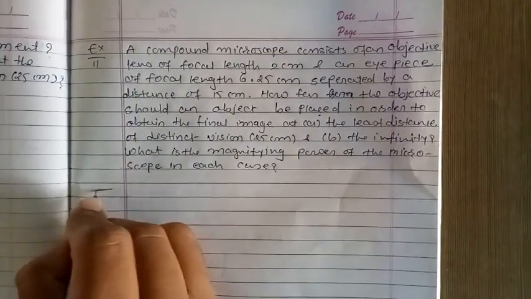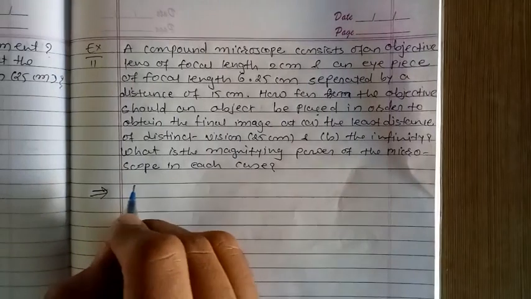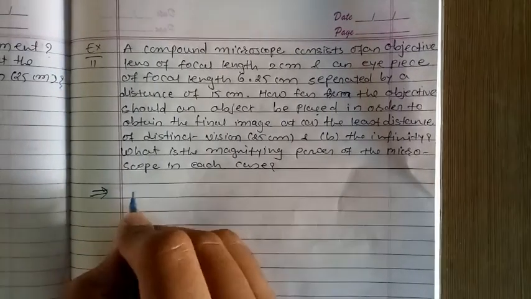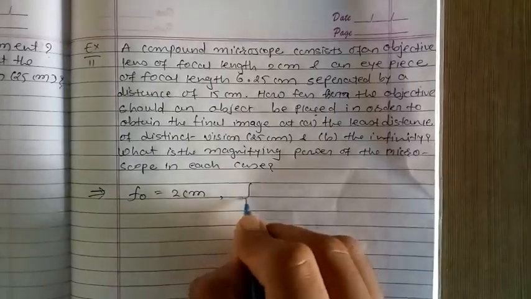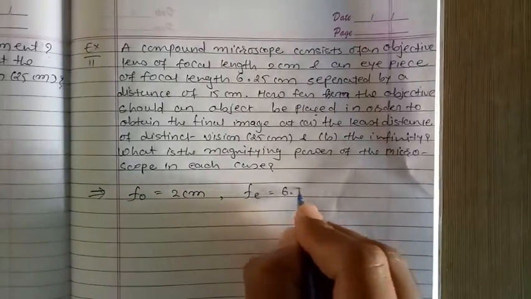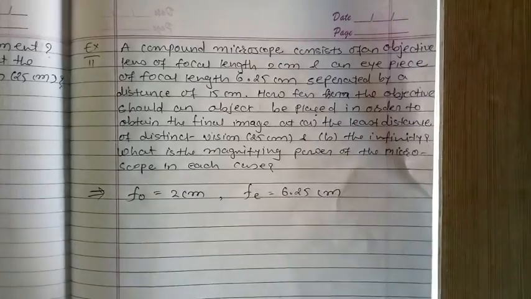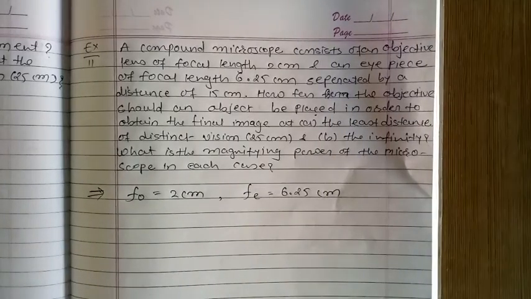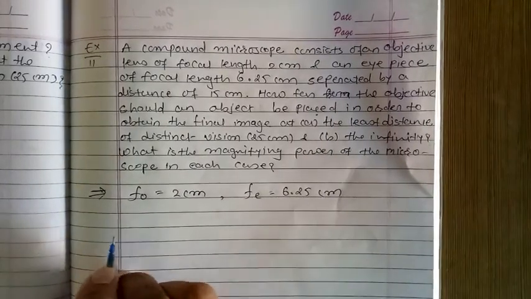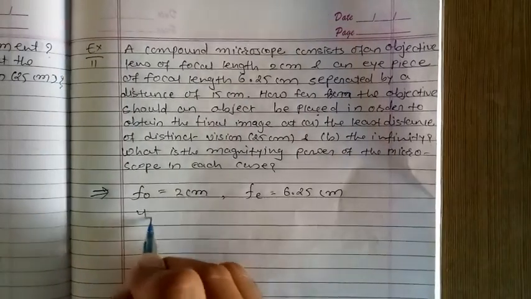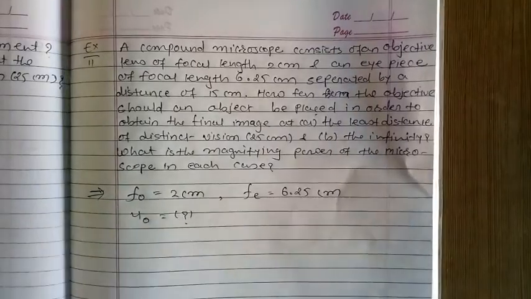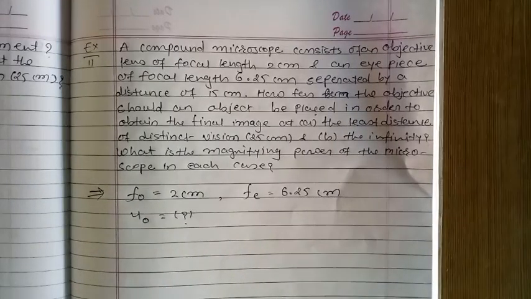So our given data is focal length of objective FO equals 2 cm, eyepiece FE 6.25 cm. We denote the object distance by UO, so we have to find out UO.